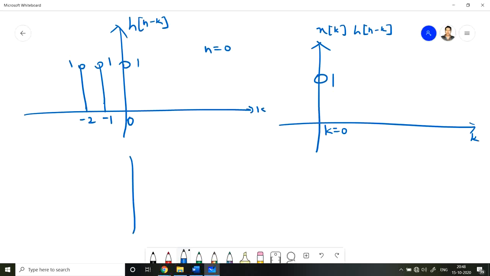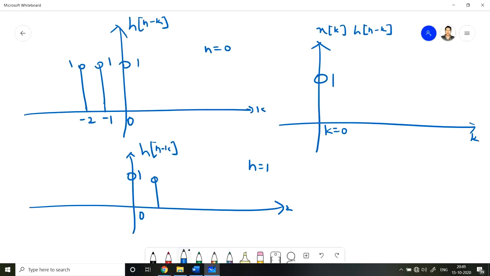Now when we have n equals 1, the graph is like this. For n equals 0 it is 1, for n equals 1 it is 1, and for n equals minus 1 it is 1.